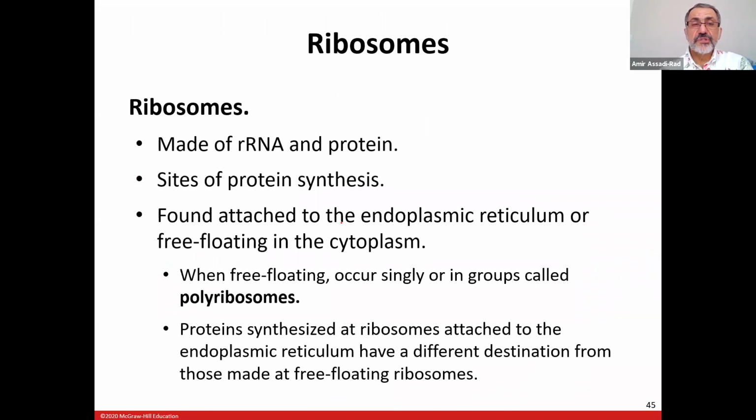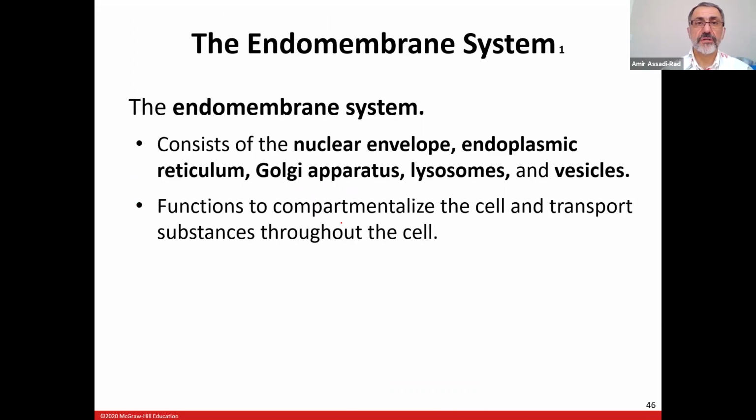Ribosomes are responsible for protein synthesis, and if there are so many ribosomes, they're called polyribosomes. The endomembrane system consists of the nuclear envelope, very important, you should know, endoplasmic reticulum, Golgi apparatus, lysosome, and vesicles. Make sure you know the function of each one of these. Endoplasmic reticulum, you have two of them.